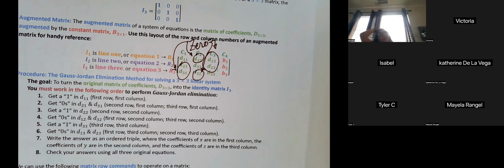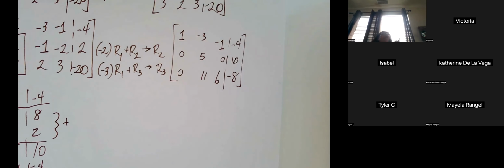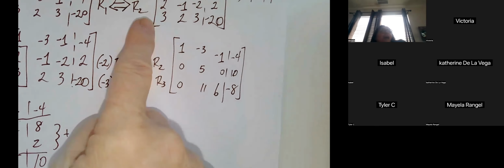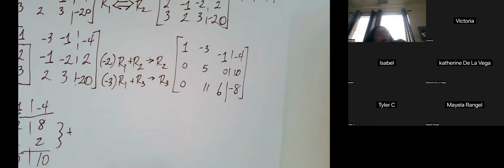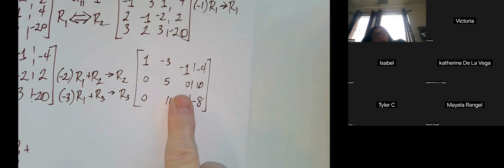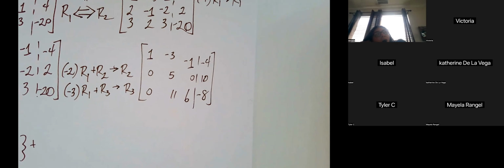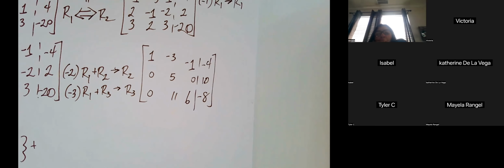And if we had another column, it'd be a 1 and then zeros, where the 1 is always on the diagonal. So how can we get a 1 if we've got 5? Multiply it by 1/5. Awesome.